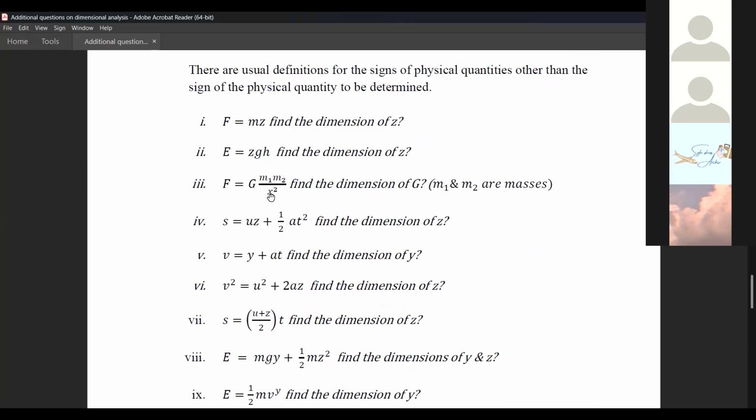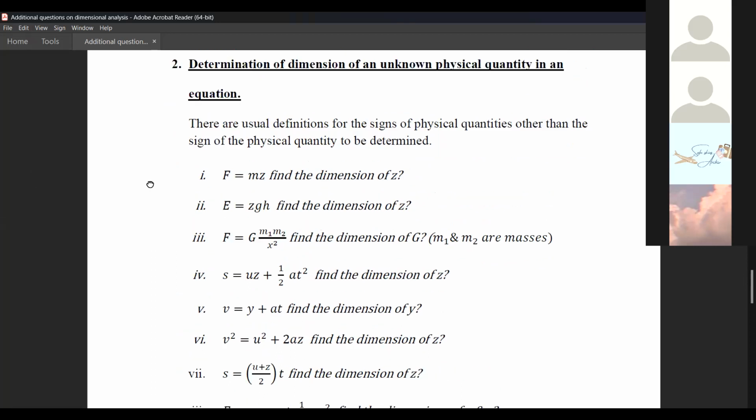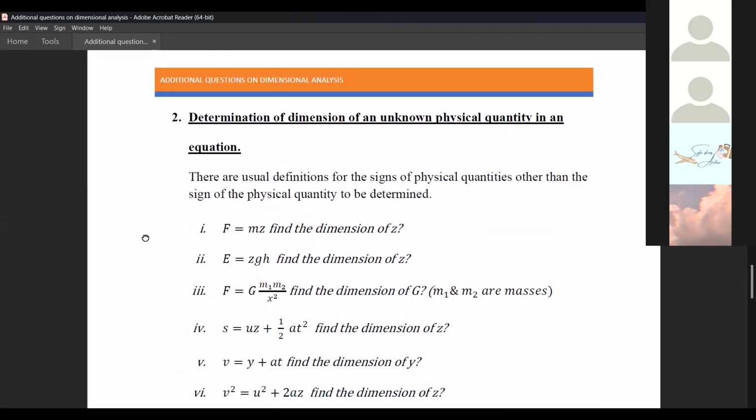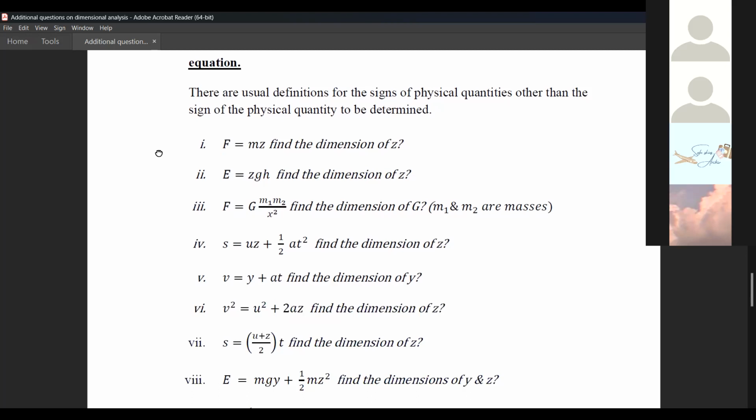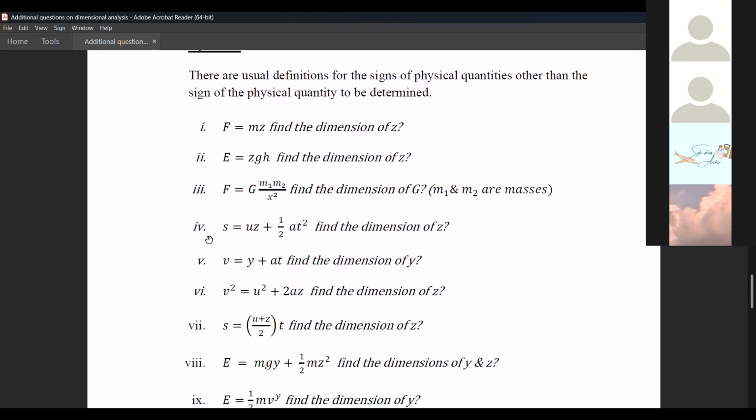In the third question, X is a distance. Fourth question, S is a displacement. U is a velocity. A, acceleration, T time.